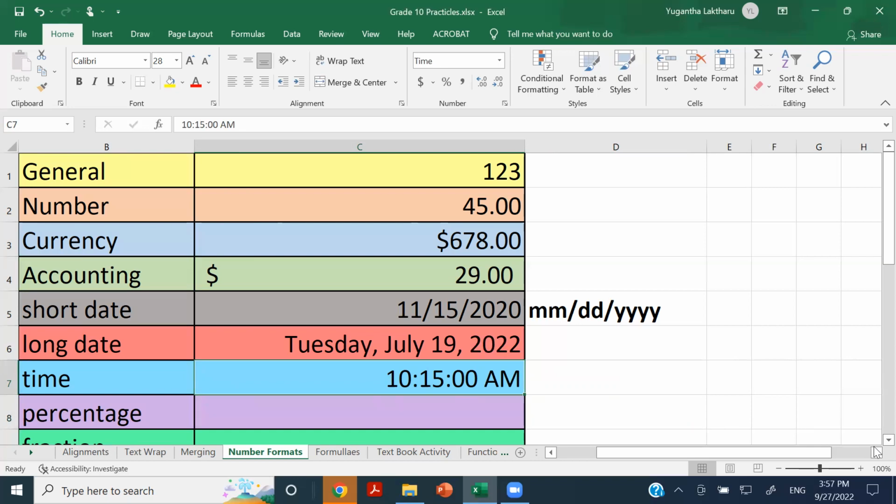But if you want to say 10:15 p.m., you are going to write the time in 24-hour format. 10:15 p.m. in the 24-hour format is going to be 22.